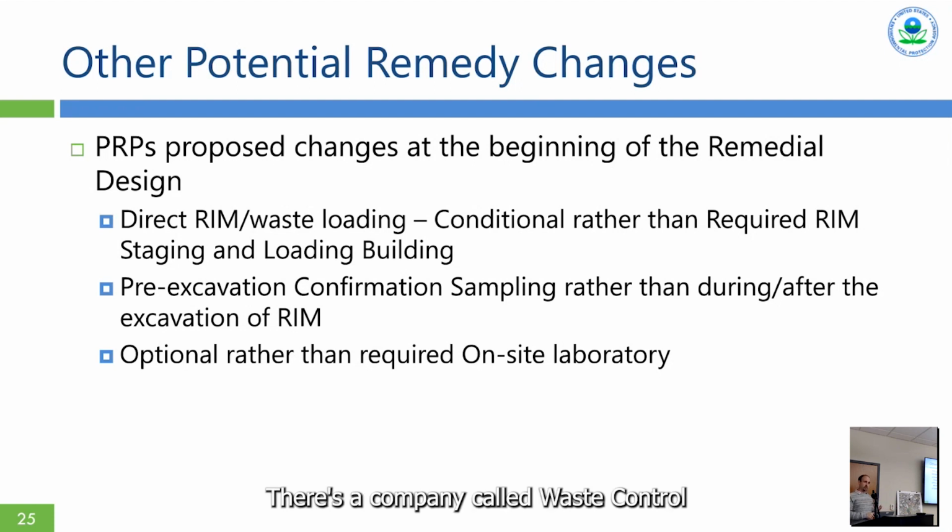There's a company called Waste Control Specialists in Texas. They have two different disposal cells. One is regulated by the NRC and can take very high level stuff. It also costs more to send it there, and it has more considerations around what can go in that disposal cell and how, because it can take that high level stuff.